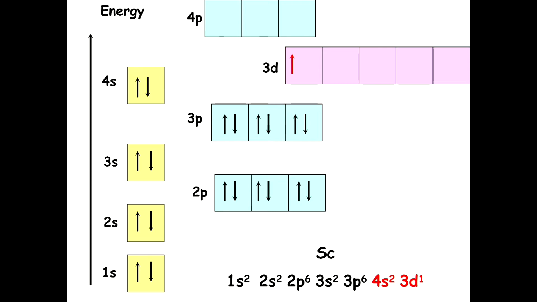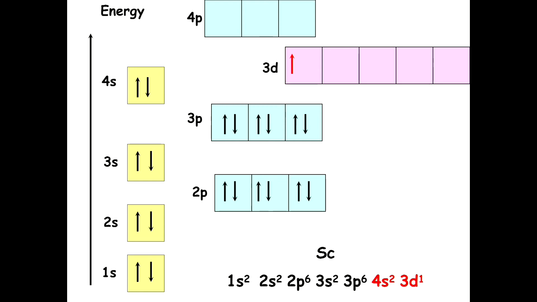For example, the first d block element has 3s2, 3p6, 4s2, 3d1.